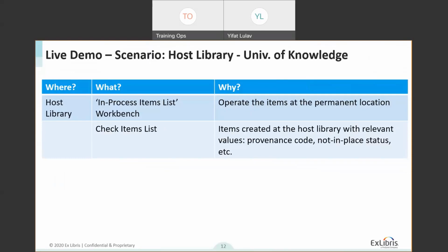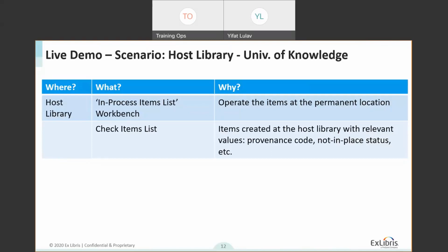The in-process item list is a list we already have in Alma, which allows us to have all items that should be processed before going into the regular stack, before opening it for fulfillment or for Primo or for whatever public services you provide in your library. We will see how the items look, and actually this is a very short part of the demo.